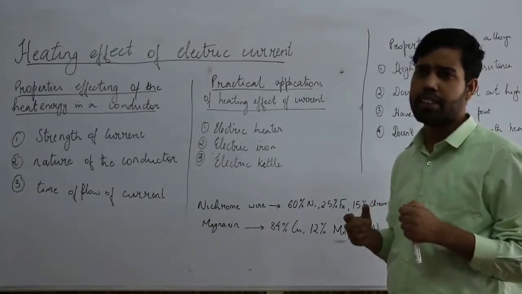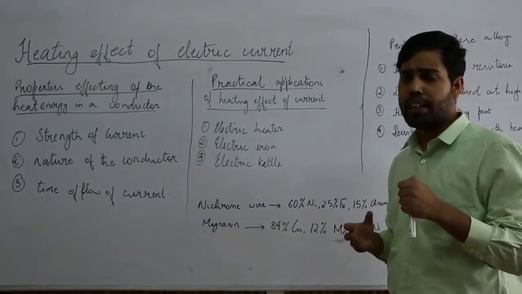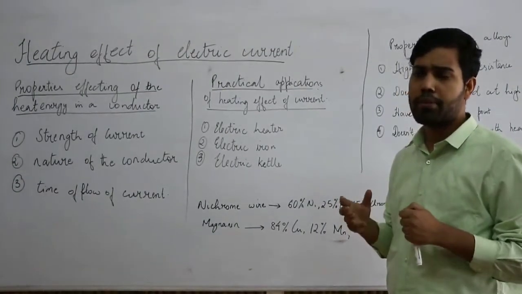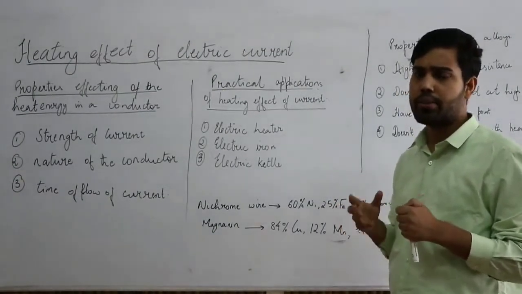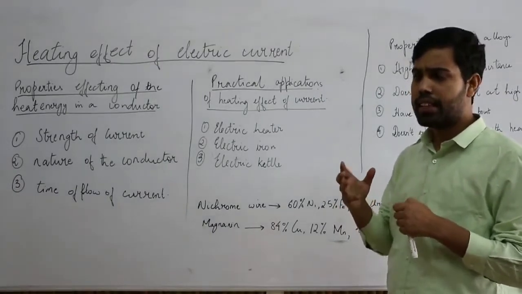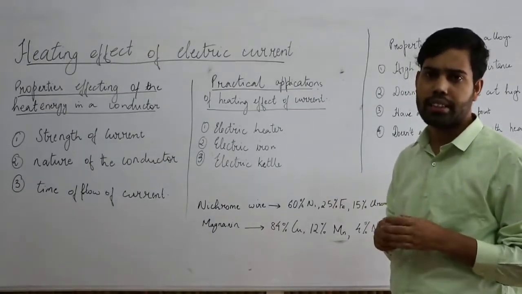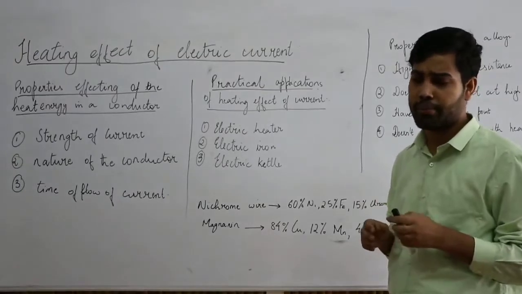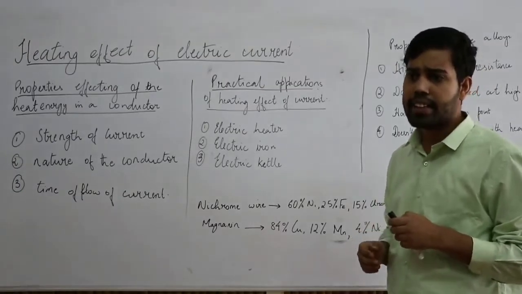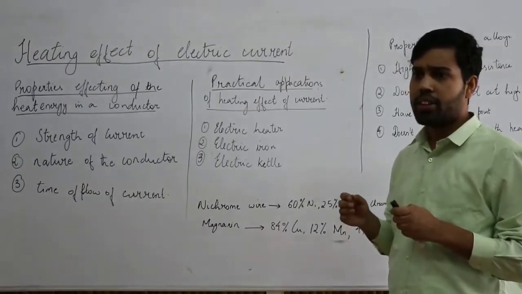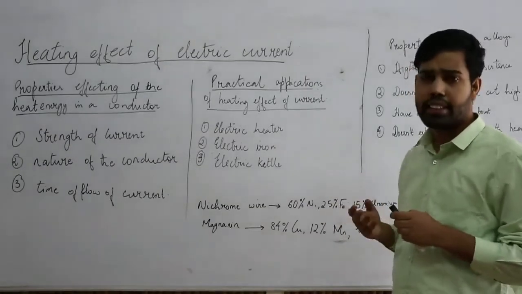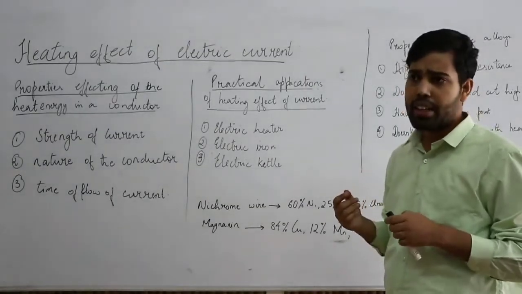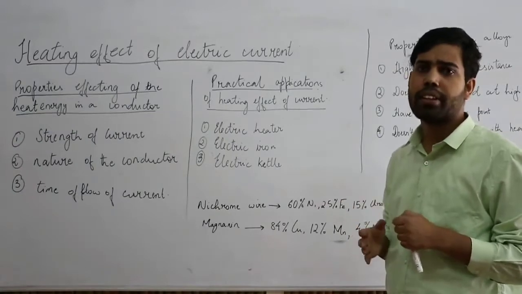That's why if you notice, if a fan has been used for a very long time and we touch the blades or the rotator, we feel that it has become hot. Why? Because a part of the energy has been converted into heat energy. But in certain devices, like your electric heaters, your electric iron, these devices are purely resistive in nature.